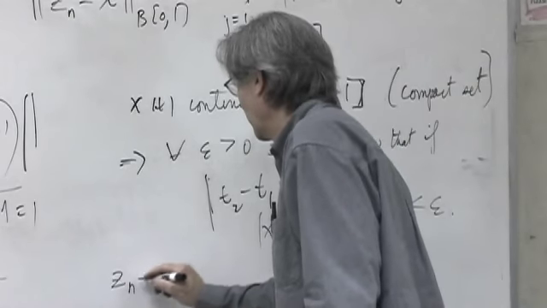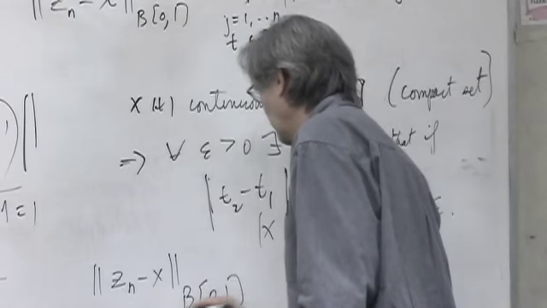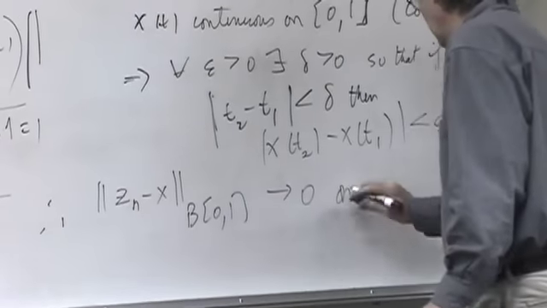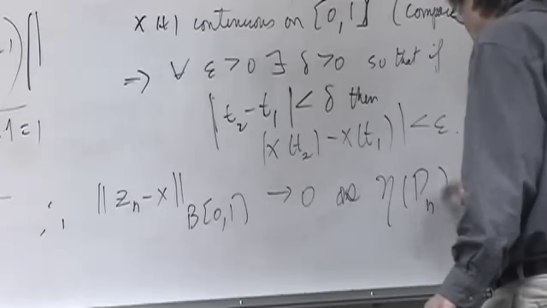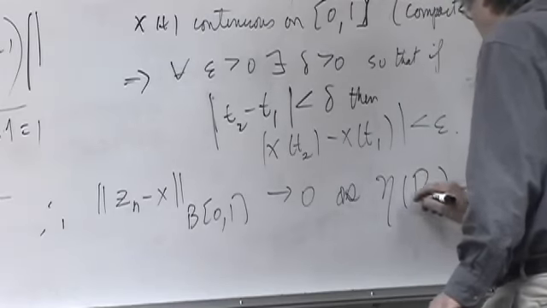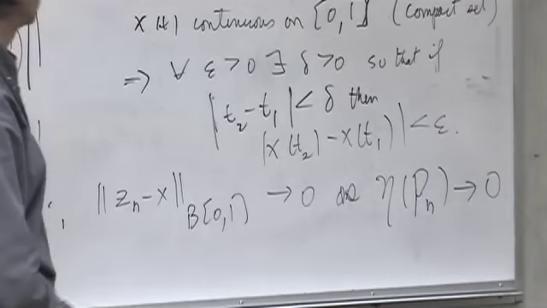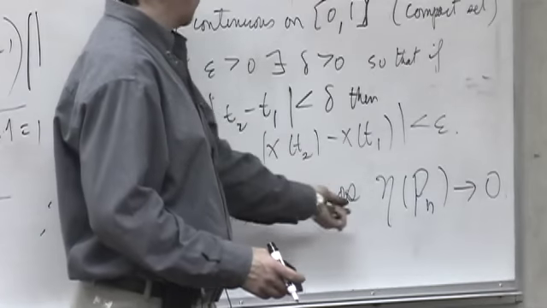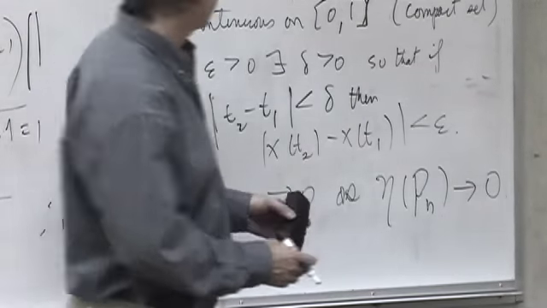So Zn minus x, in norm in B01, goes to 0 as the gap of the partition goes to 0. As I take this delta, the gap of the partition is the delta, the max delta.